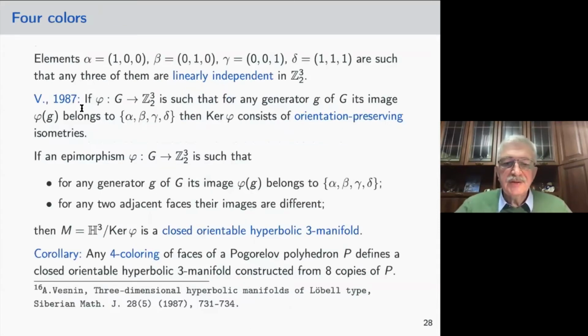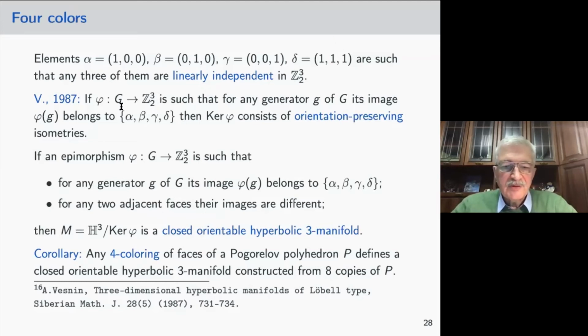So let us consider this 8-element group as a vector space. We can think about elements as vectors, for example, 1,0,0, 0,1,0, 1,0,0, 1, and so on. A remark: if you take these 4 elements, any three of them are linearly independent in this group considered as a vector space. If you want to find a subgroup of the group generated by reflections which is torsion-free, we can consider an epimorphism to this 8-element group.